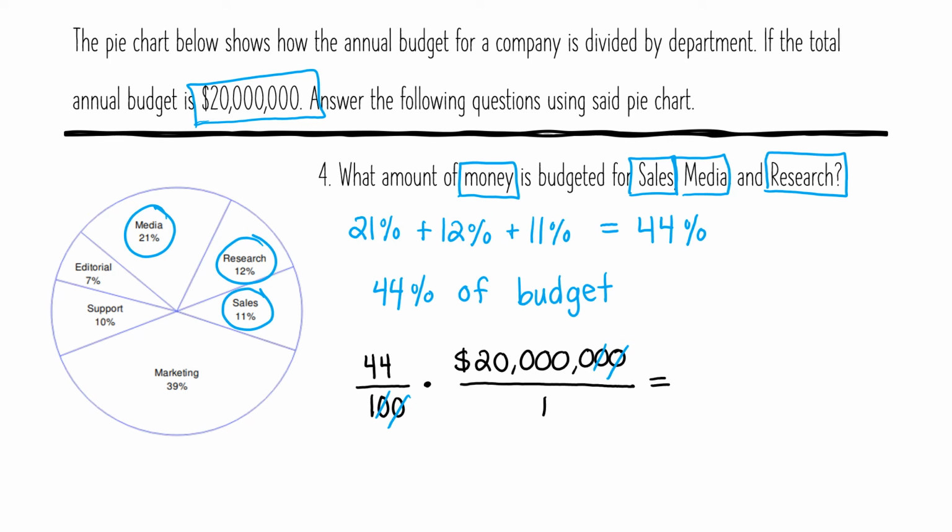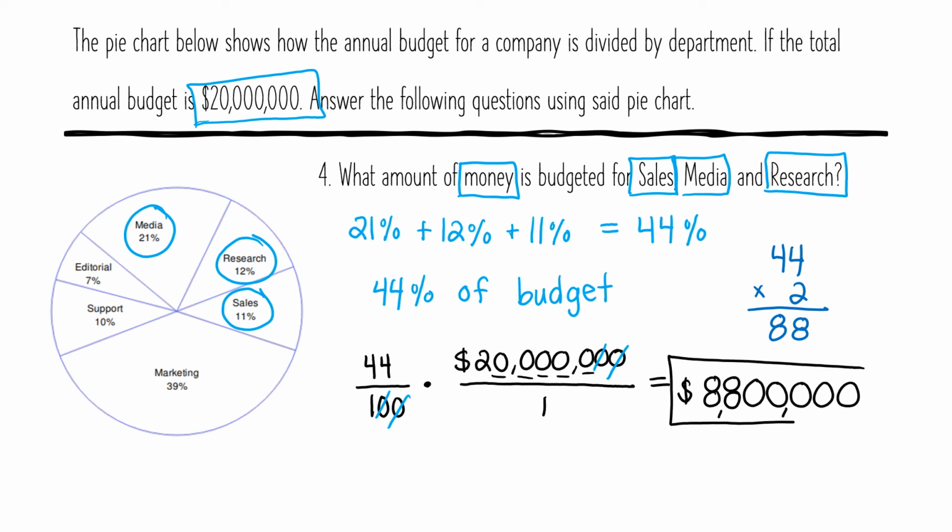And then we have 44 times 2, which we can do off to the side if you need to. 2 times 4 is 8, and 2 times 4 again is 8. So we have 8, 8, and then 1, 2, 3, 4, 5 zeros. So that is $8,800,000 together for sales, media, and research.